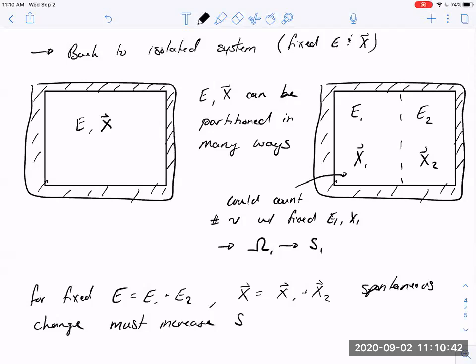Now that's total S, so the change in the entropy under those isolated system constraints will be positive. It is zero only at equilibrium. The number of states is maximized at equilibrium. Equilibrium is the state of the system which is most probable, which is the state that I see, given I leave the system alone.